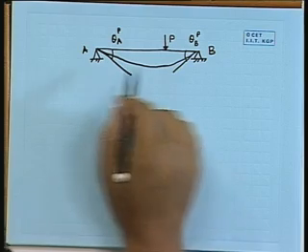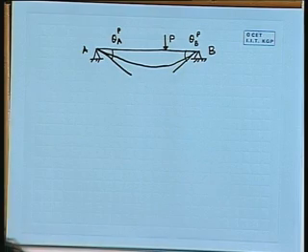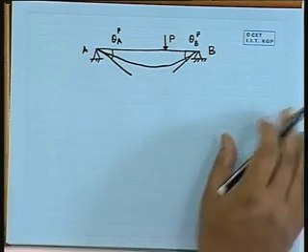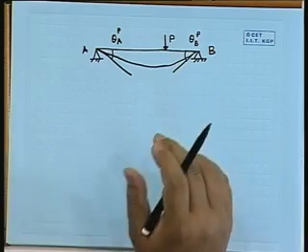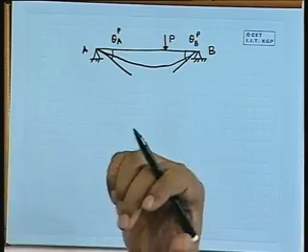Now this theta A and theta B, that you can derive with your earlier concept of moment area theorem or differential equation technique. Here the theta A and theta B, it is available.